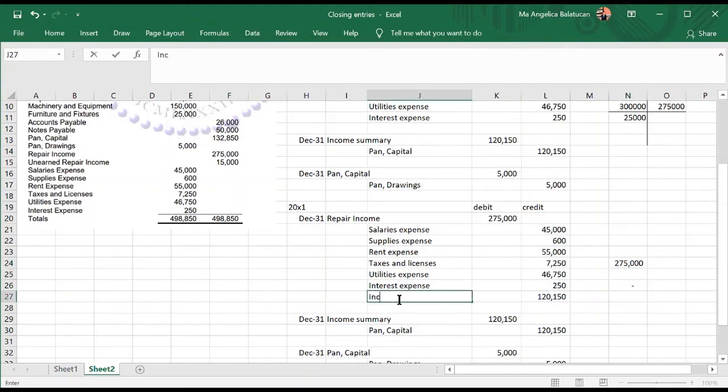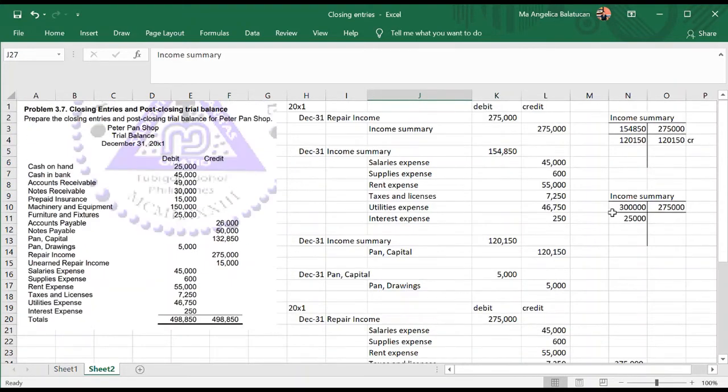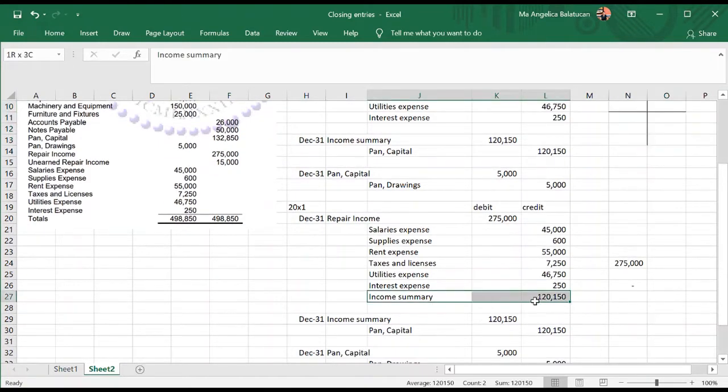And what would be this balance? This will become income summary, which is the same with what we have computed earlier. Diba? That's 120,150. And this one, since it's credit balance, you're going to close that here and then credit pan capital. So mas direct, kuha na nato dayon kung credit balance ba or debit balance si income summary.